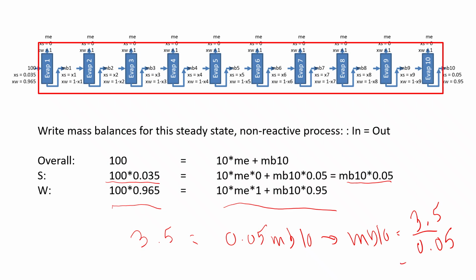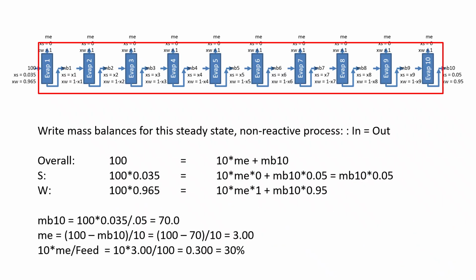So if you do that, you get 70. I've tidied that up here for you. That MB10 is just 100 times 0.035 divided by 0.05. That's equal to 70. We can calculate ME from the overall balance.